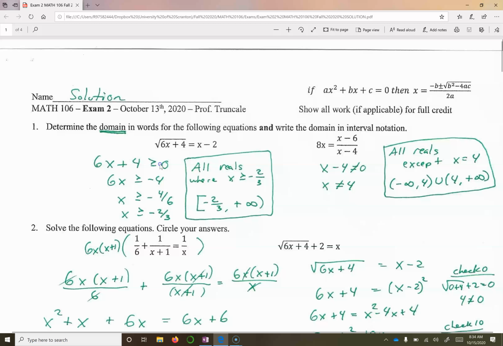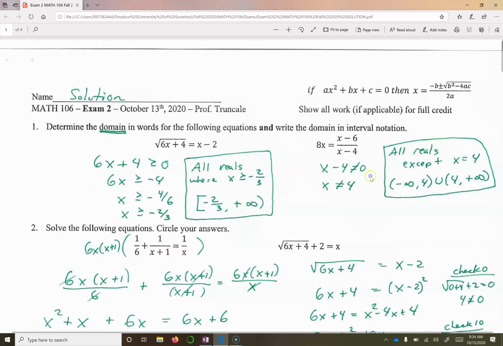That has to be greater than or equal to 0, otherwise it'll be complex. Once you solve, x has to be greater than or equal to -2/3. I wanted it in words and interval notation, so all reals where x is greater than or equal to -2/3, and here's the interval notation with the bracket, because it's greater than or equal to, and then it goes to positive infinity.